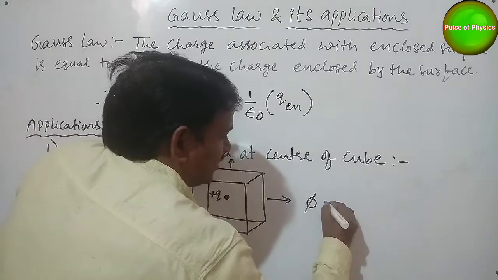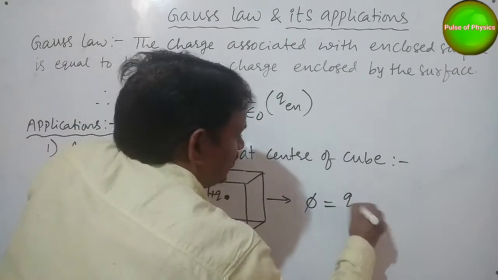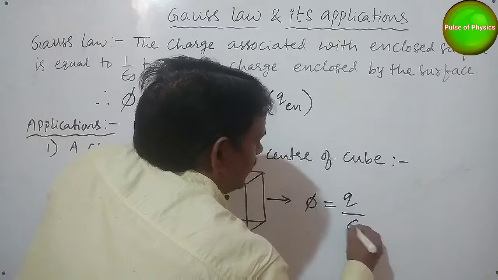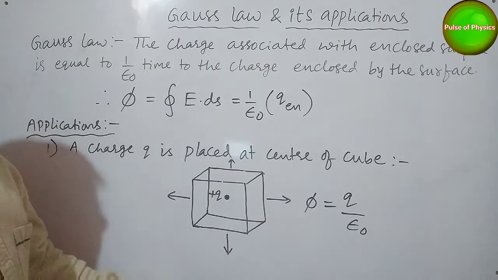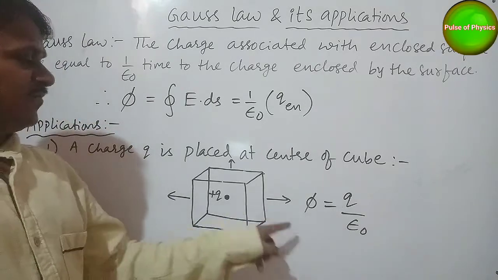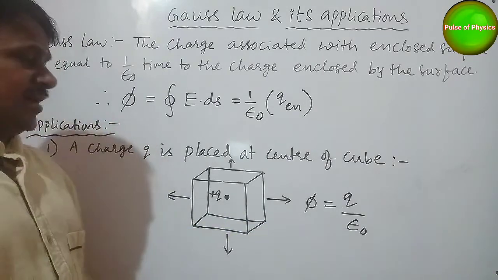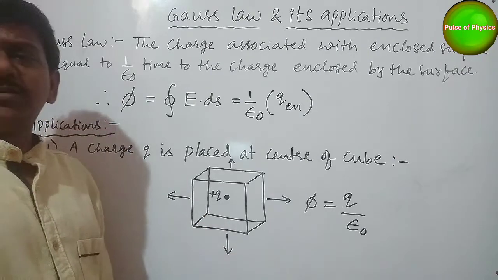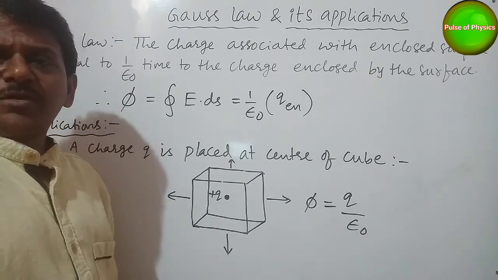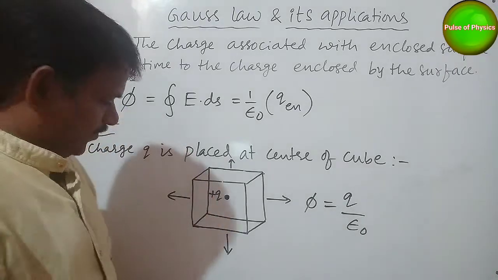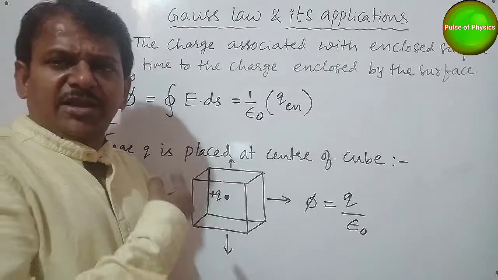Here phi is equal to the charge enclosed, q, by epsilon naught. So the outgoing flux from the cube is q by epsilon naught. Let's go for a few other applications, continuing on the next board.